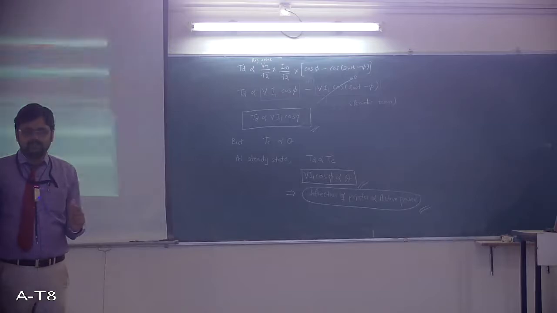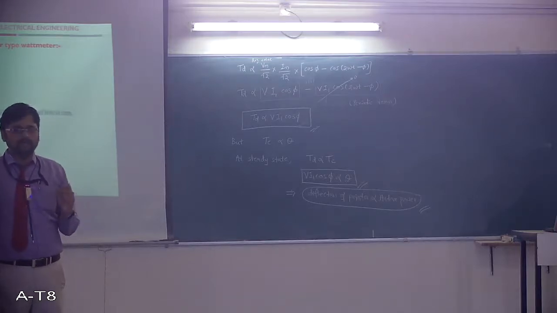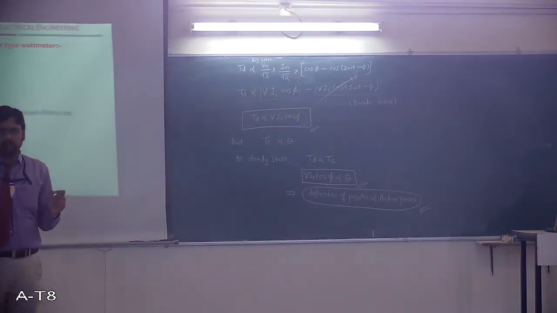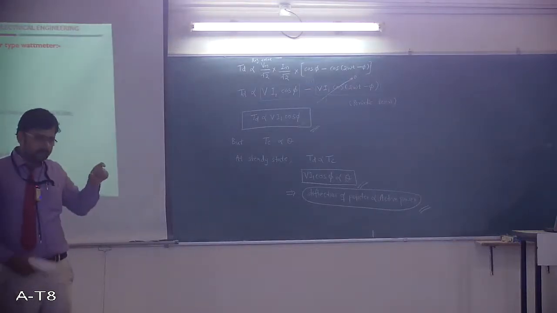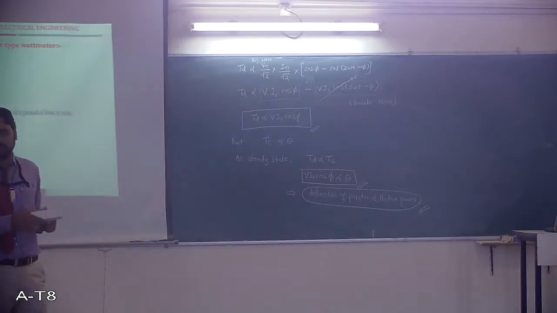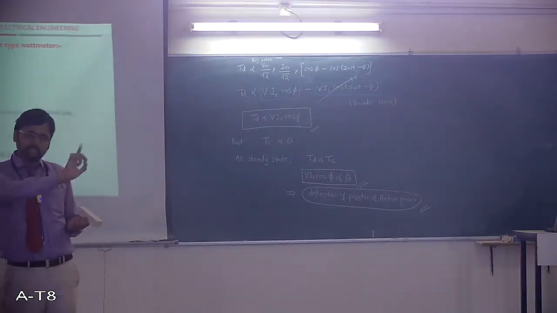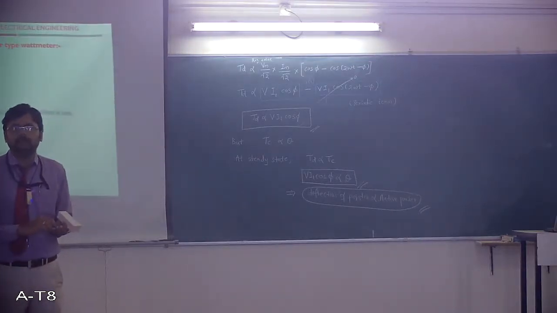For example, if I am using the wattmeter for a DC circuit wherein the supply voltage is 100 volts and the current consumed by the load is 1 ampere, the power will be 100 watts. So when I connect the instrument and switch on, the pointer should show 100 watts.